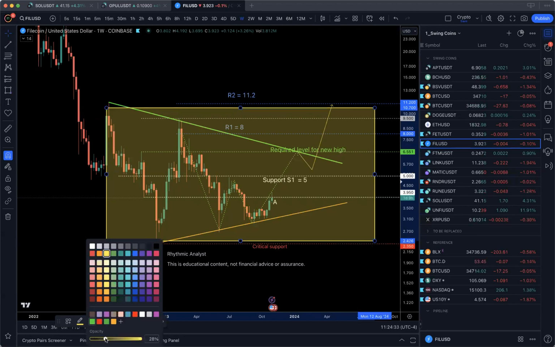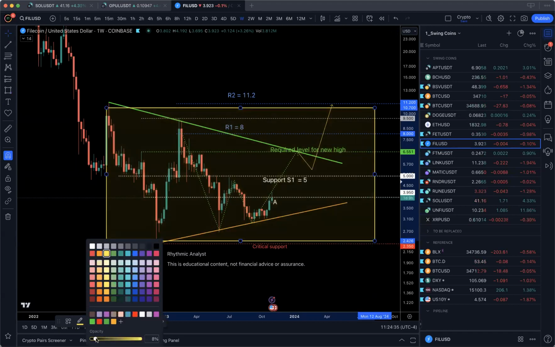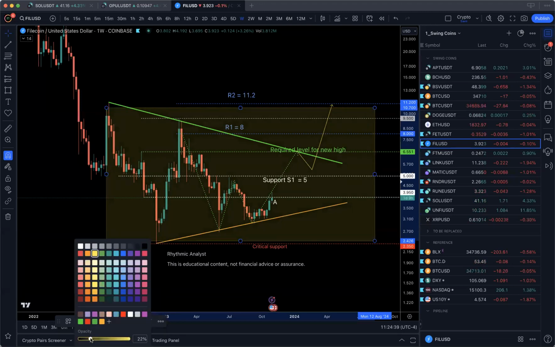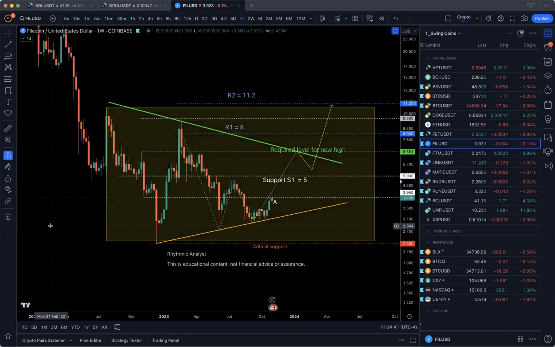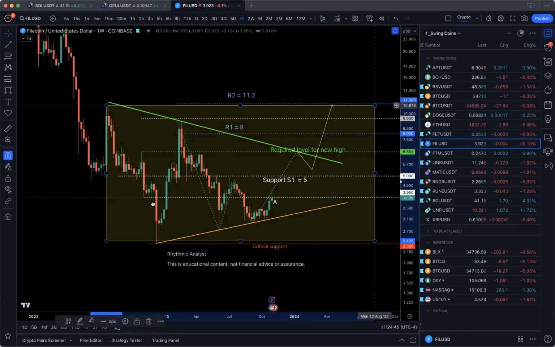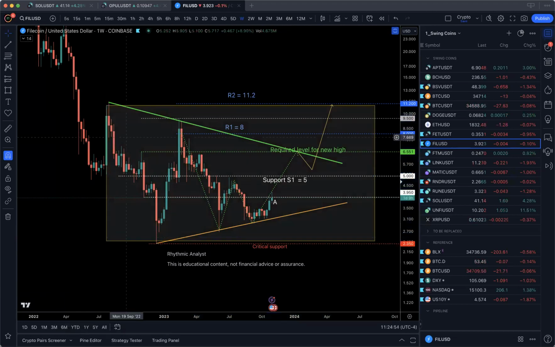The whole entire thing is consolidation. Remember, this whole entire yellow area, I'm going to change the color. This is the consolidation zone.